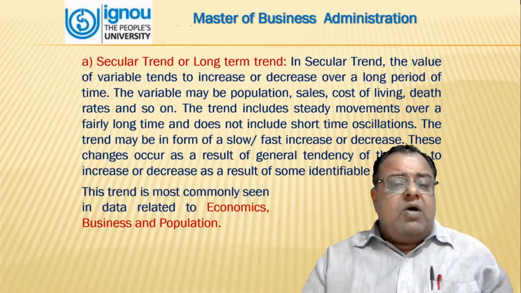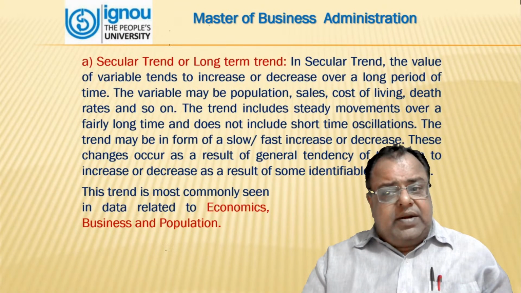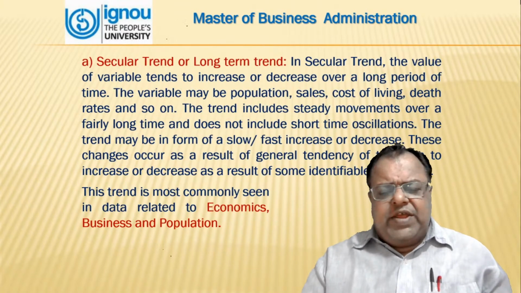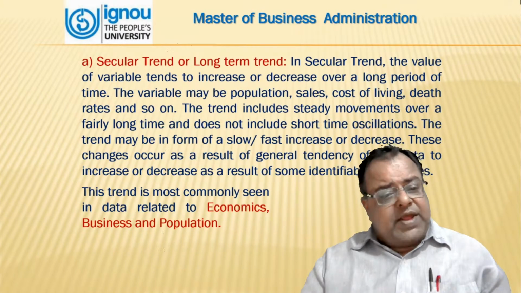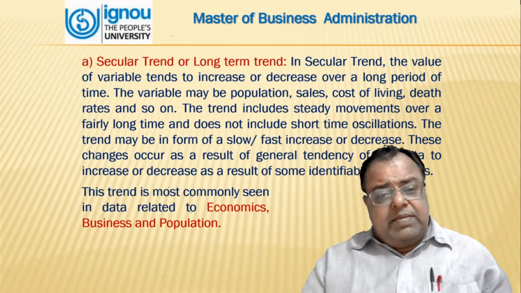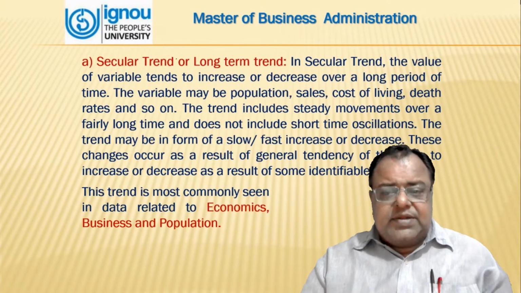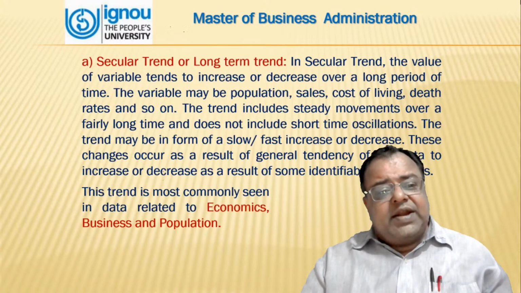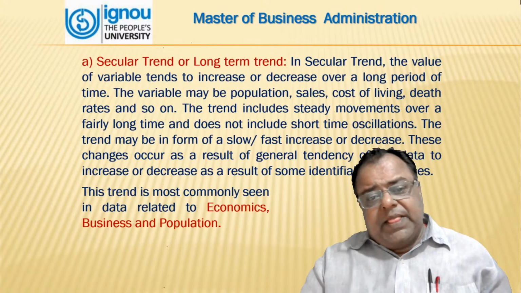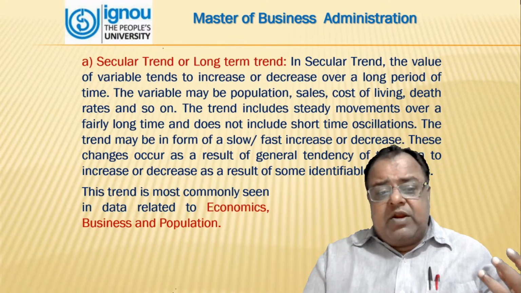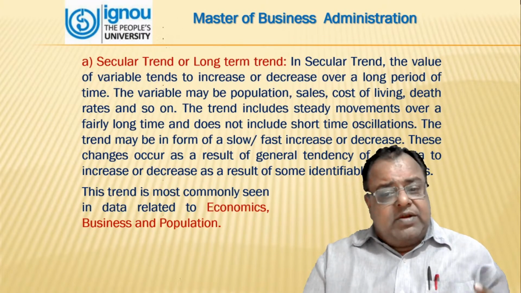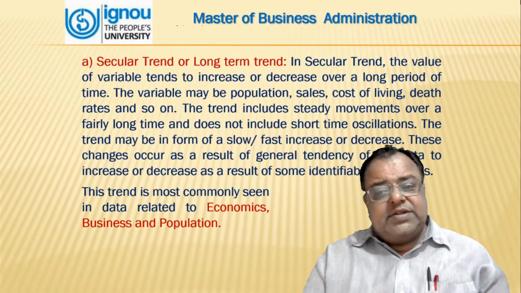Secular trend or long-term trend is when the value of a variable tends to increase or decrease over a long period of time. The variable may be population, sales, cost of living, death rates, and so on. The trend includes steady movements over a fairly long time and does not include short time oscillations.